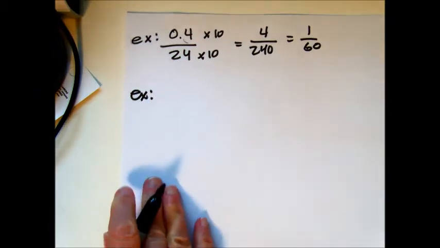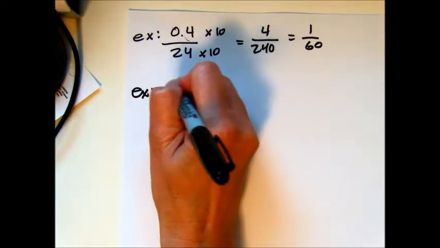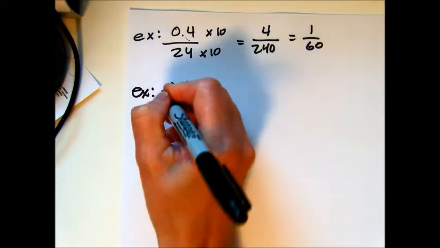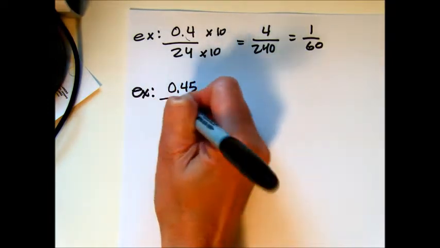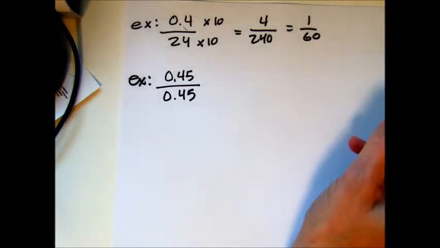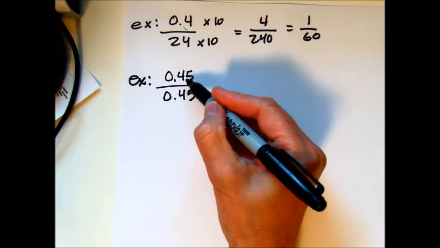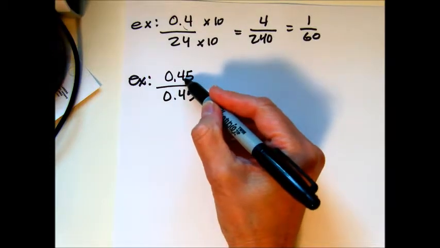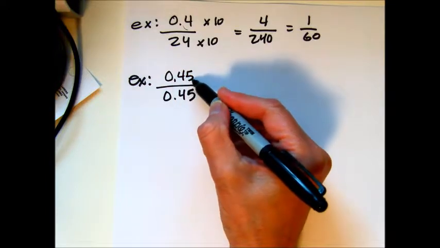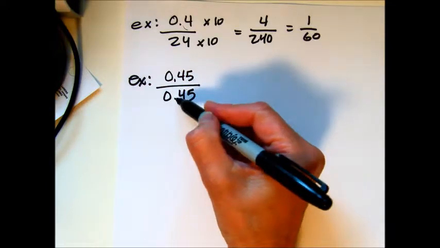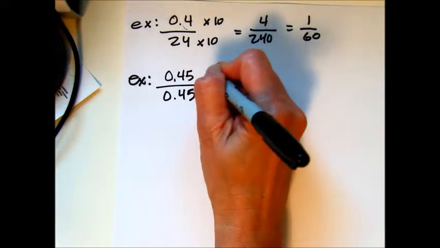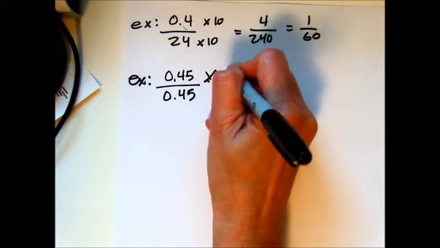Let's try another one. Let's say we've got 0.45, 45 hundredths, and we're going to compare that to 45 hundredths of something. Now, if we multiply by 10, that's only going to bring it over 1 decimal place. So we want to bring it over 2 places, and that's the same thing over here. So I'm going to multiply by 100.